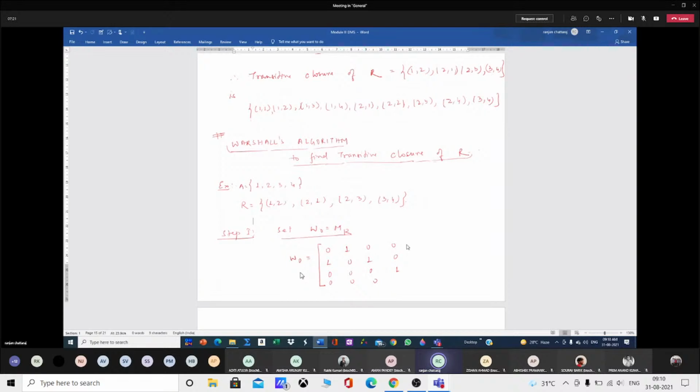So this is our W0. W0 is equal to MR, simple.